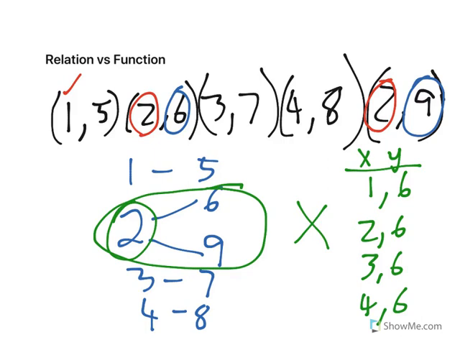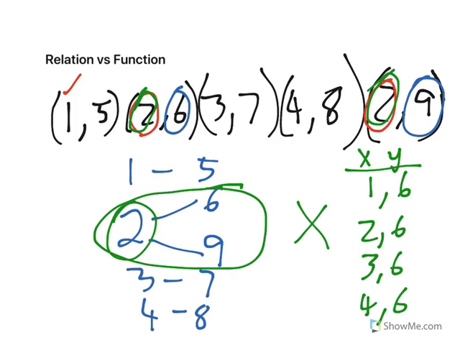Remember, a function is a subset of a relation. On a graph, it has to pass the vertical line test, where it can only intersect the particular drawing you're looking at in one point when you draw a vertical line through it. If you're looking at points, for any given value of x, so really what you're looking for, does x repeat itself, like here and here?